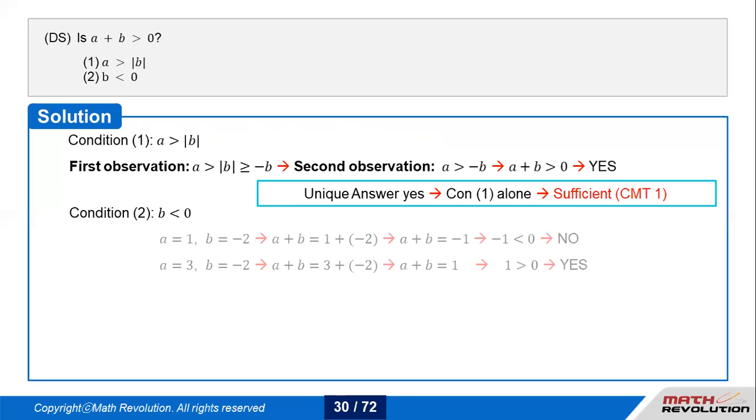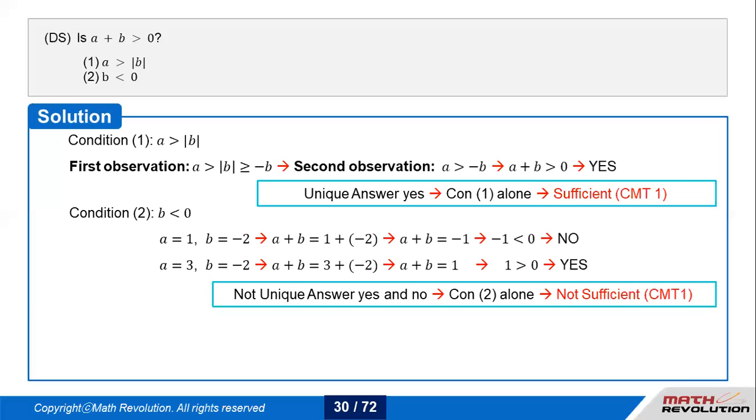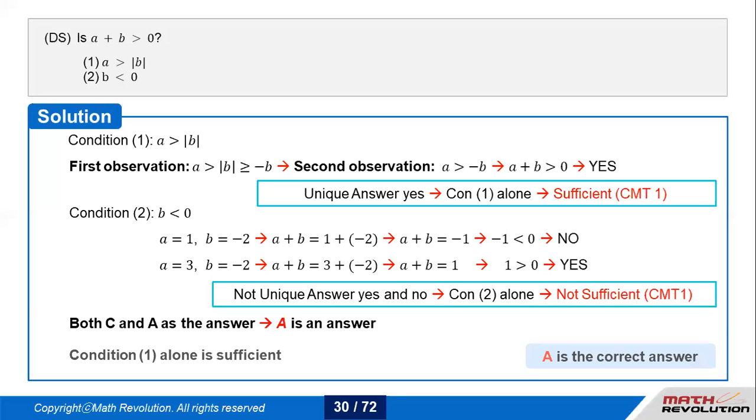But if it says B is less than 0, I could have multiple options to it. If I put A equals 1 and B equals minus 2, I'm getting minus 1, which is less than 0. But if I put A equals 3, a bigger number, I'll get a positive. So either I could get their sum as less than 0, or I could get their sum as greater than 0. So I need a unique value according to CMT1. So it's not sufficient. So my answer goes as A.